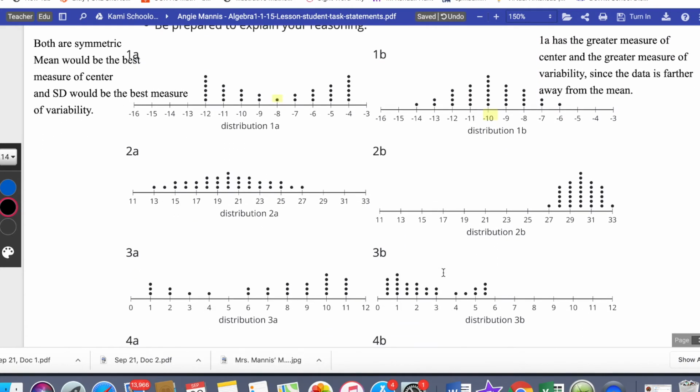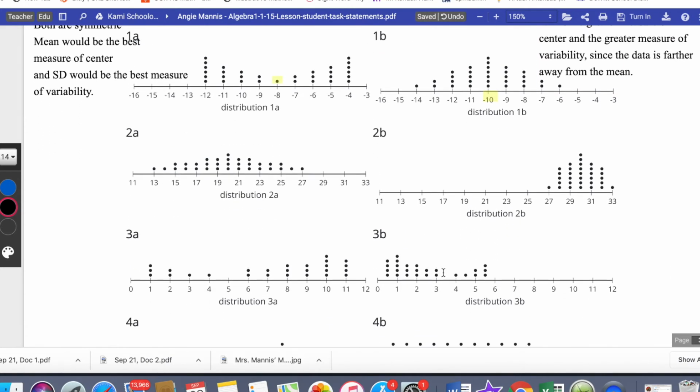All right, looking at 2A and 2B. Both of these data sets are also symmetric. So again, we would use mean as our measure of center. If we use mean as a measure of center, we're going to use standard deviation as a measure of variability.